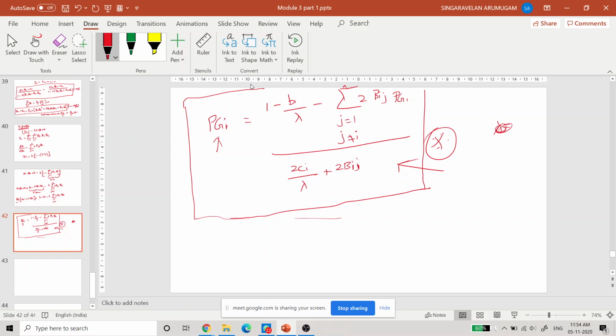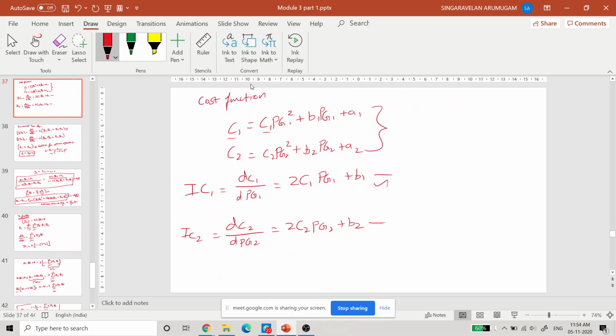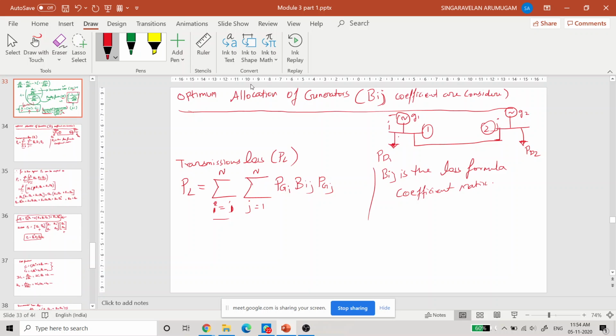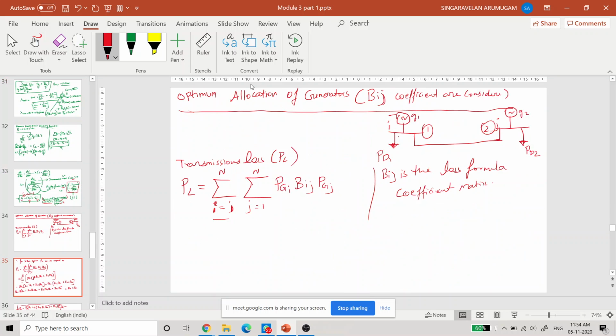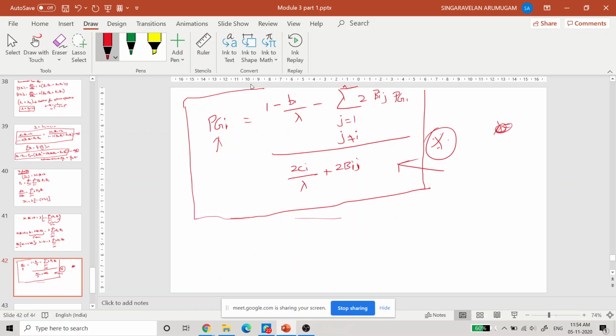Up to this, what we have seen, how we derived this PGi, is from around 6 to 7 slides. So you know all the terminologies we are going to use in this formula. We know each and every formula. If you know this formula, and then substitute all the values inside it, then you will get the answer.